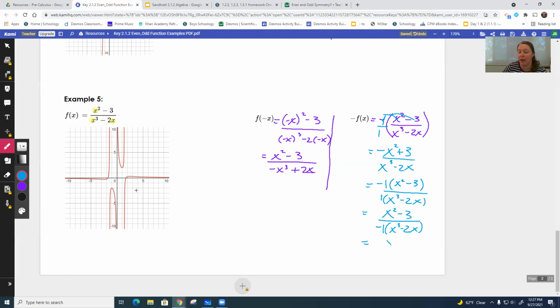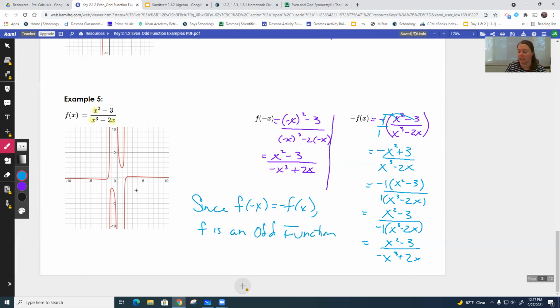And now on the bottom, if I distribute this negative 1, it's like you can have the negative 1 on the top or the bottom, it doesn't matter. Do you see how these are now the same? I just did a little manipulating. So since f of the opposite of x equals the opposite of f of x, f is an odd function.